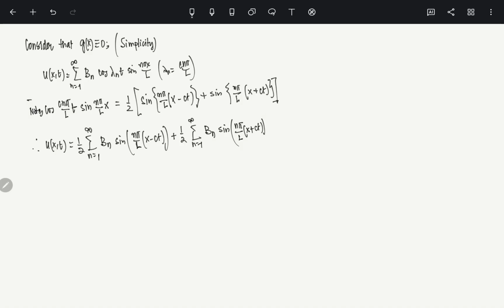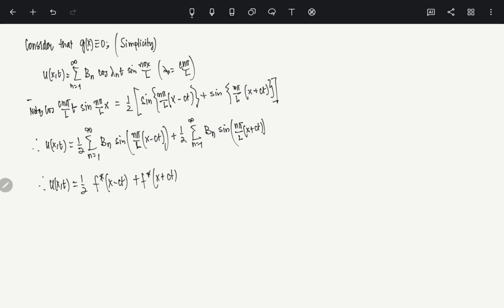Now you see these two equations. Essentially these are x minus ct and x plus ct, the variables. So we can write it like this. Therefore u of x,t can be written as half times f star of x minus ct plus f star of x plus ct.